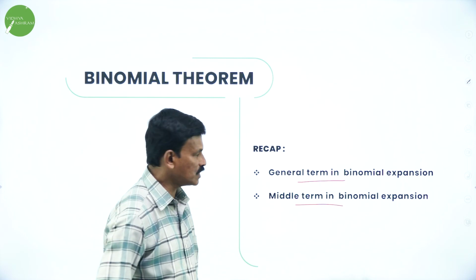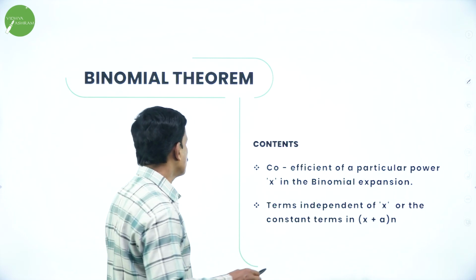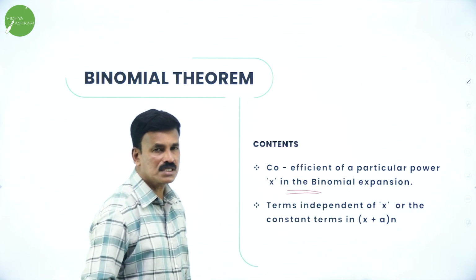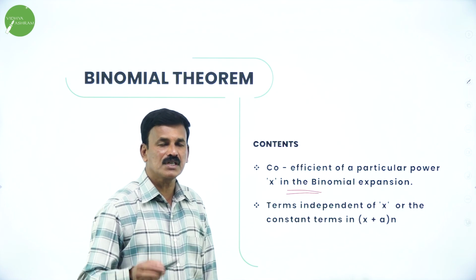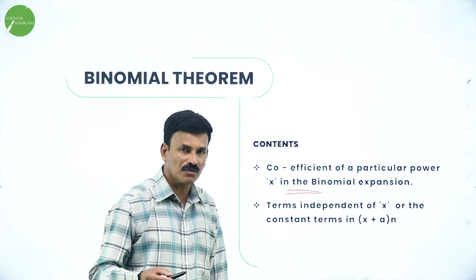Now today in this session I am going to discuss the coefficient of a particular power of x in the binomial expansion. A particular power of x means the coefficient of x square, x cube, x to the power of 4, x raised to 10, x to the power of 14.